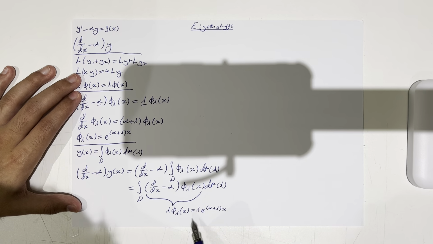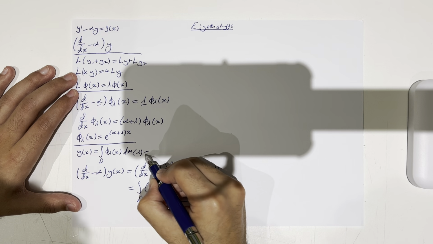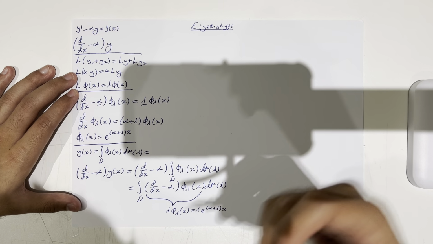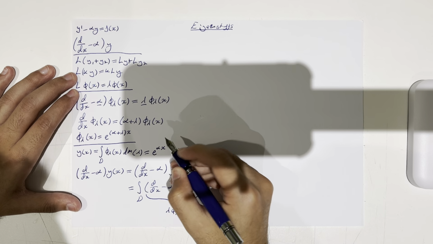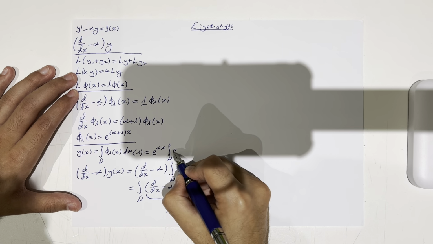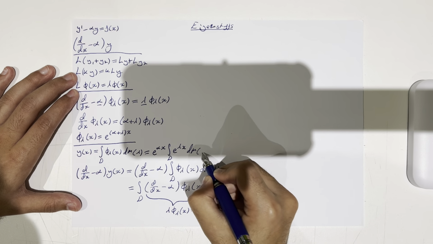Now, if we go back and substitute this expression in for phi sub lambda of x, we notice that e to the power of alpha x is independent of lambda. So we can write e to the alpha x times the integral over the domain D of e to the lambda x d mu of lambda.